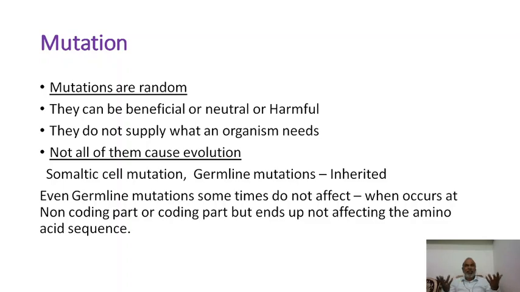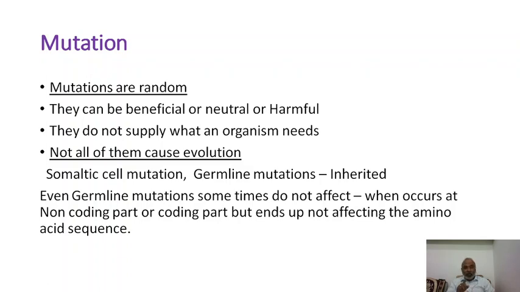Mutations occur randomly. If a change is useful, then the organism or the species will accept that change. But when a species needs a particular change and that change happens because of mutation, there is no guarantee. There is no guarantee that mutation is going to bring so and so desirable change. So mutations do not actually supply what an organism needs.